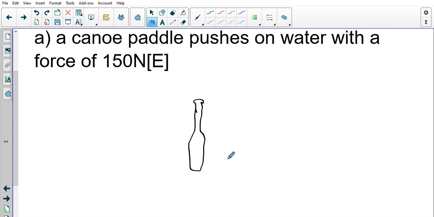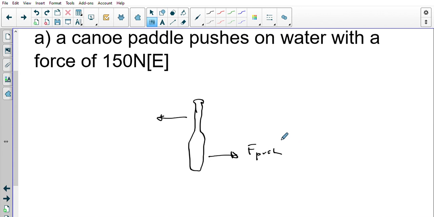But when you have a canoe and you have a paddle, what do you do with the paddle? You put it into the water and you push against the water. When you push against the water, you're pushing yourself forward against the paddle. Your arms are pulling on the paddle and you're pushing yourself forward.